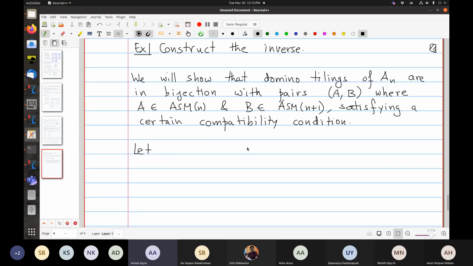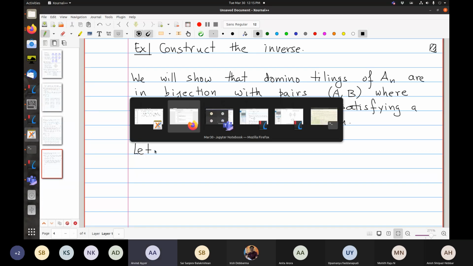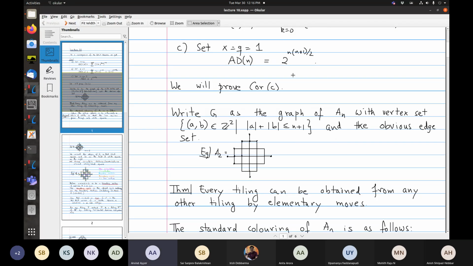This compatibility condition is a bit ad hoc as written, if I just write it right now. So that's why I'm not writing it in theorem form. But we are proving this theorem.